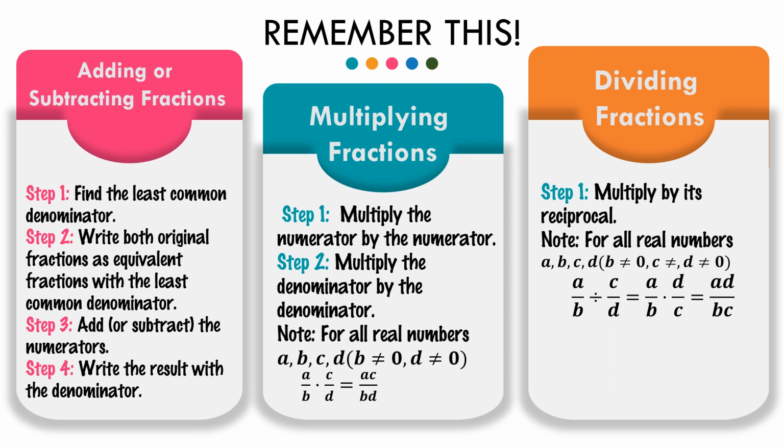Again, we note that C should not be equal to 0 and also D should not be equal to 0, because if those numbers are equal to 0, the given will become an undefined value.